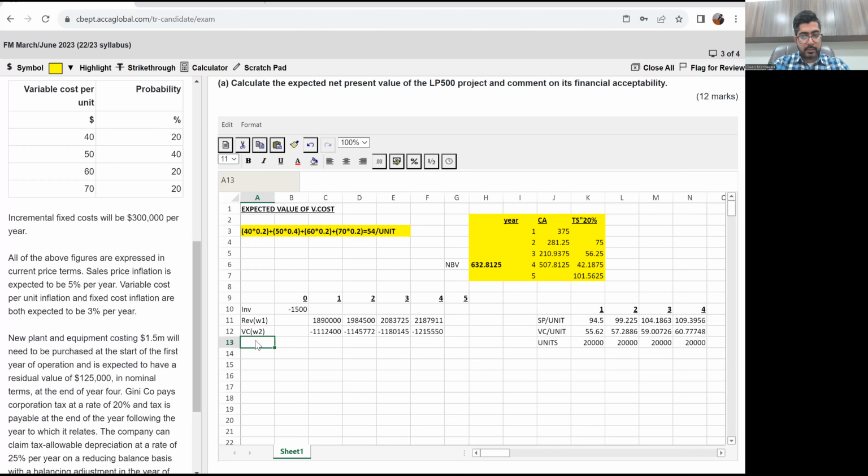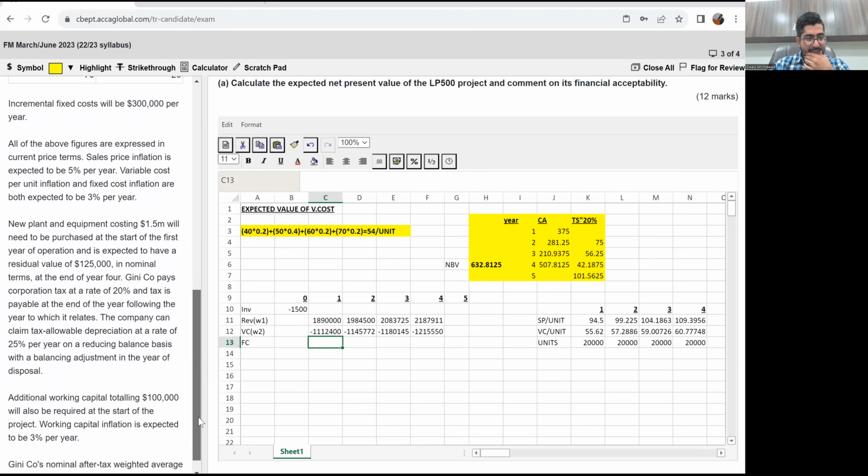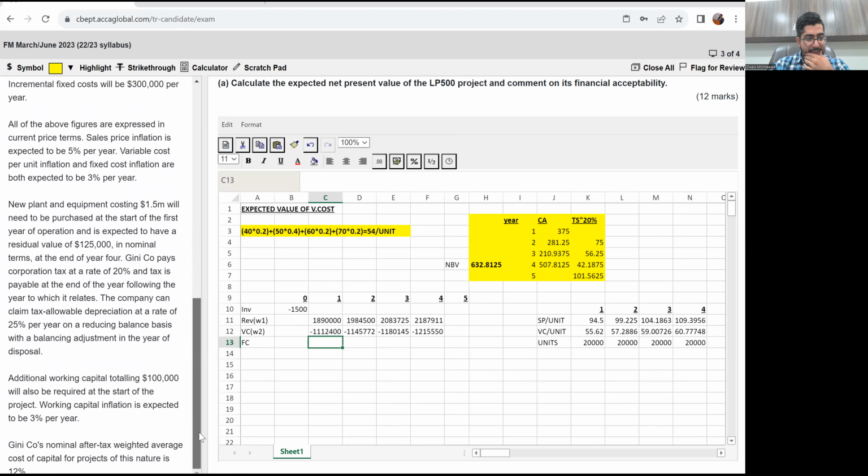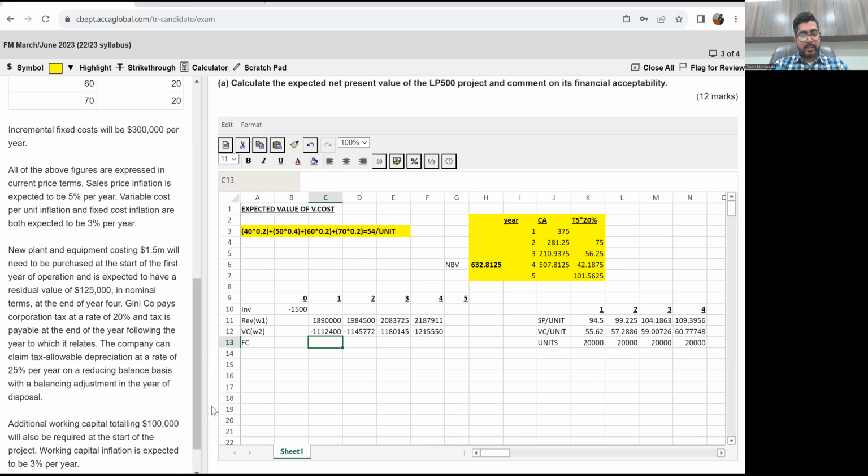Then the fixed cost. So fixed cost is expected to be 300,000 per year. So 300,000 into 1.03, it's negative.